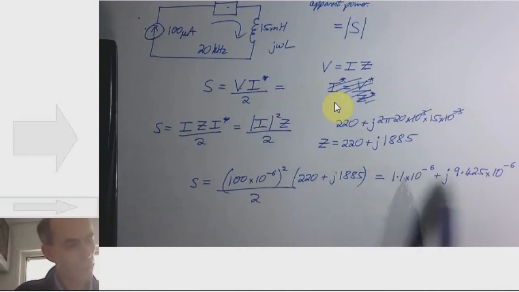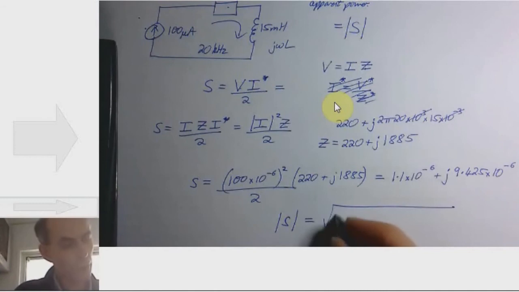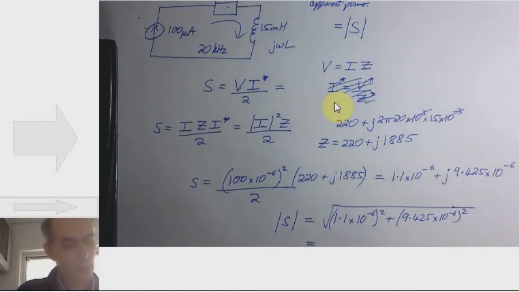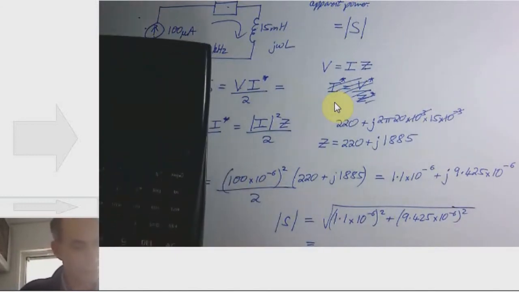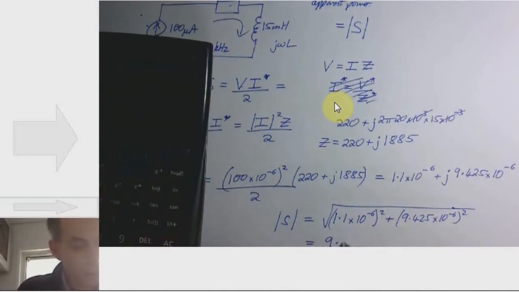The magnitude of this, I've got the real and the imaginary parts. I can get the magnitude by good old Pythagoras. Magnitude of S would just be the square root of 1.1 times 10 to the minus 6 squared plus 9.425 times 10 to the minus 6 squared, which, if I plug in the numbers correctly, is 9.49 times 10 to the power of minus 6.